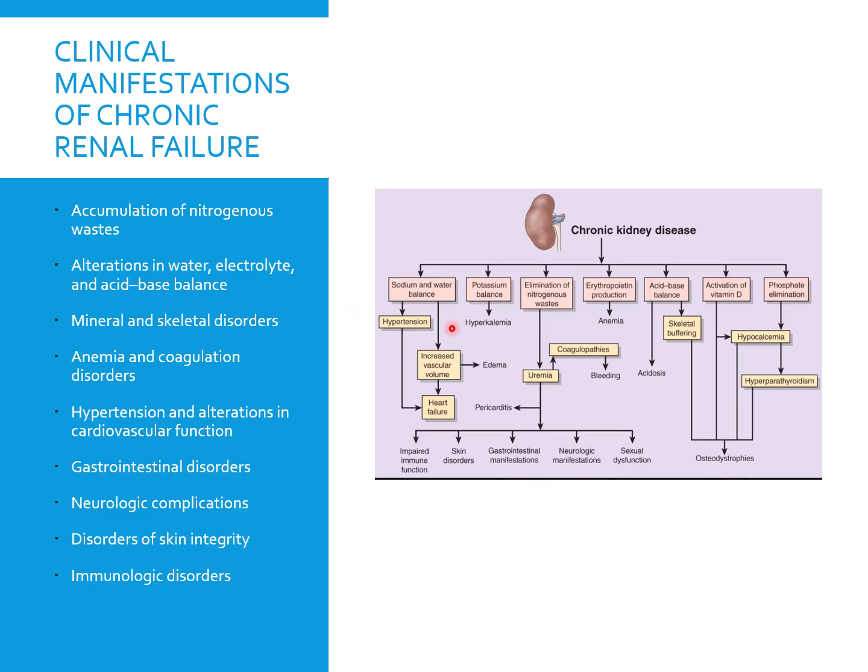So I think that's going to be a really important thing for you to review and understand: what is happening in kidney disease and how does that relate to the clinical manifestations that I see in my patient. So we'll talk about accumulation of nitrogenous wastes, alterations in water, electrolyte, and acid-base balance, anemias and coagulation disorders, hypertension and alterations in cardiovascular function, GI diseases, neurological complications, problems with the skin, and also immunological disorders.